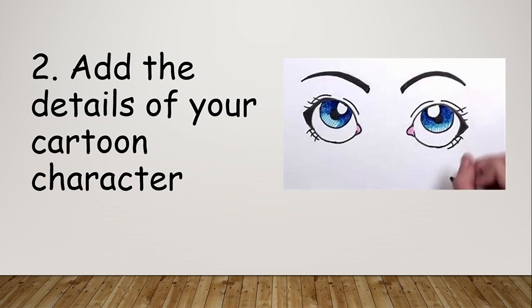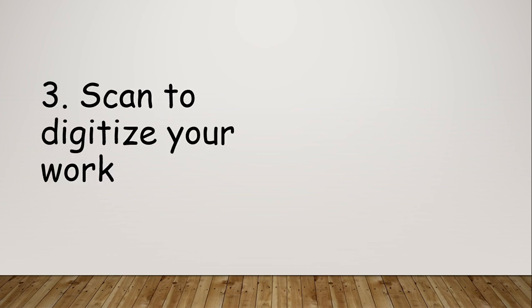And number 3, we scan to digitalize your work by using the scanner. If you have a scanner, you can just scan through your printer, and if you don't have one, you can use an application for the mobile cell phone. You can just check it in the Play Store.